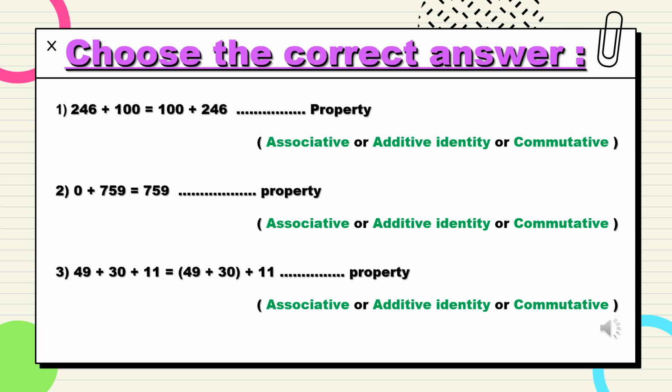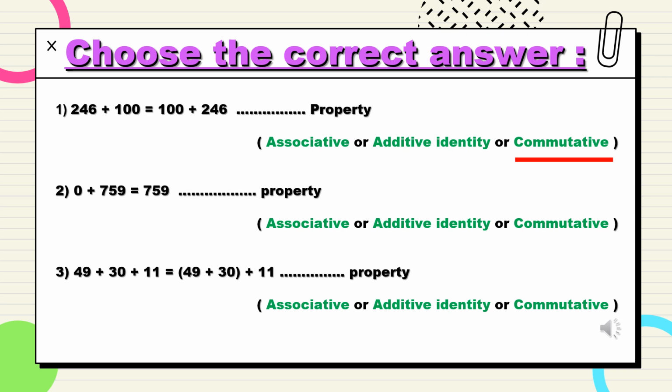Let's choose the correct answer. Number 1. 246 plus 100 equals 100 plus 246. So this property is what? We switch the addends, so it's commutative property. Number 2. 0 plus 759 equals 759.